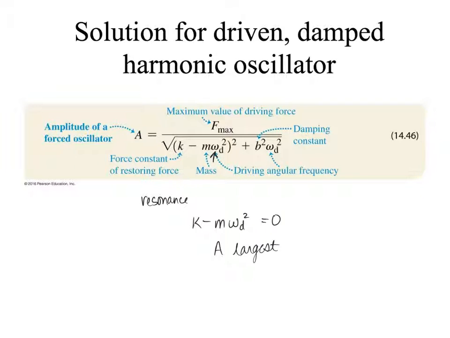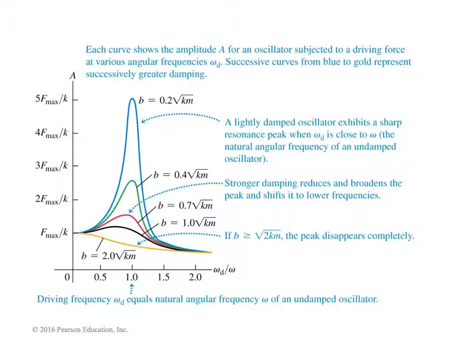If we have values that deviate from it, our amplitude won't be quite as big, but if we drive it at a particular frequency, we'll get the largest amplitude. And here we see the different values of the amplitudes.